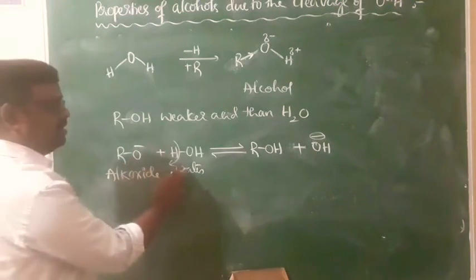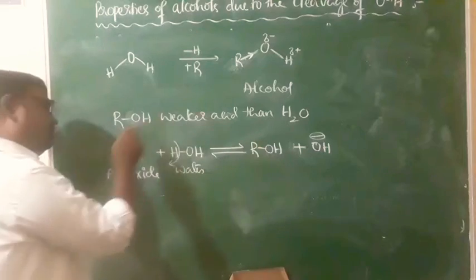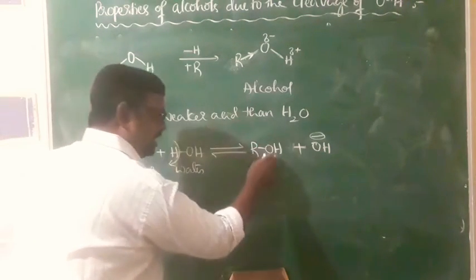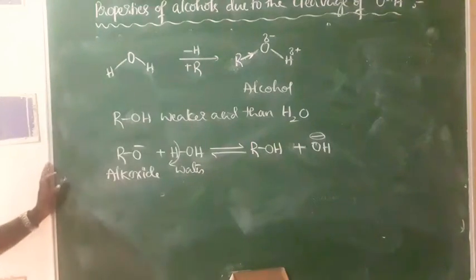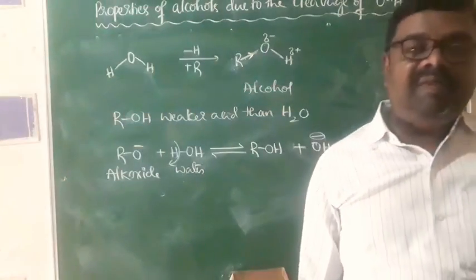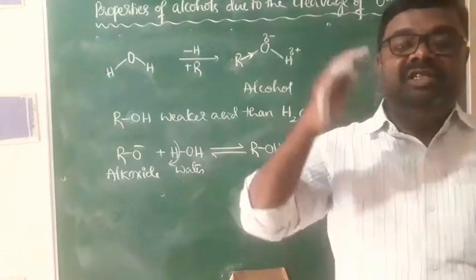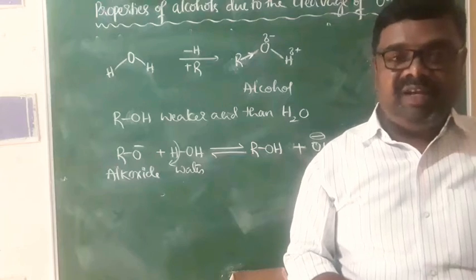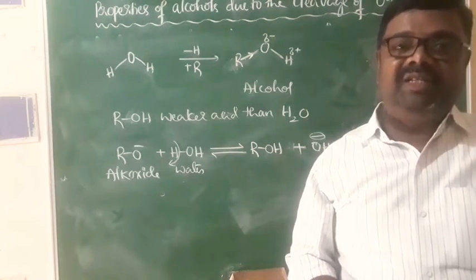That means water displaces alcohol from the alkoxide. That is, one acid displaces another acid from its compound. What kind of acids displace other acids? One generalization is that a strong acid displaces a weak acid from its compounds, and strong bases displace weak bases from their compounds.